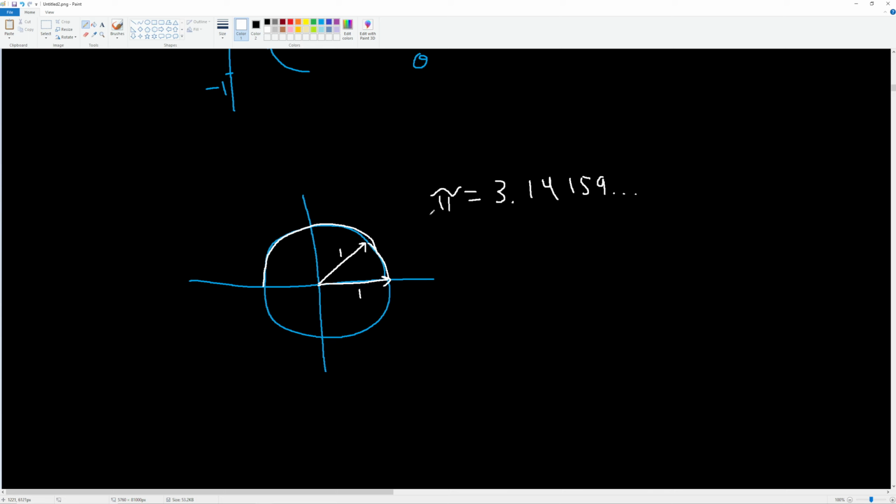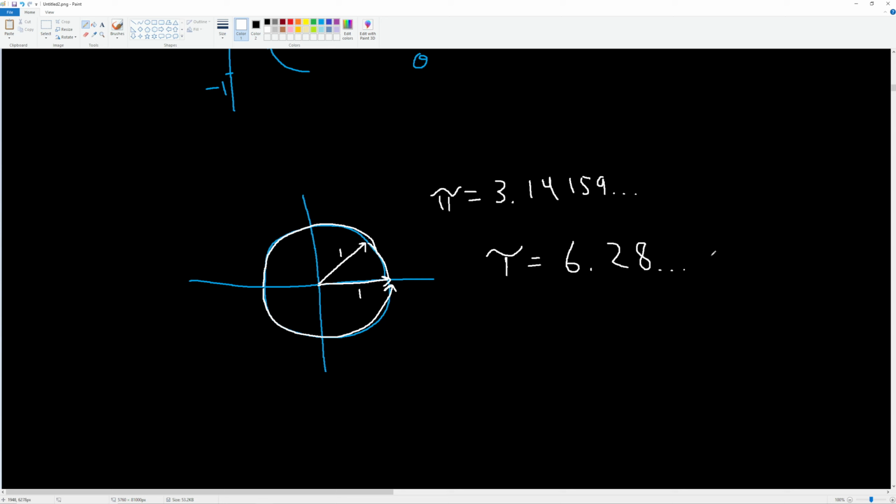What could you possibly do? And it becomes fairly obvious that this ratio here is really important. You could also have just chosen this one. And some people say that this is better, and they label it tau, the Greek letter tau, and it's whatever, 6.28.